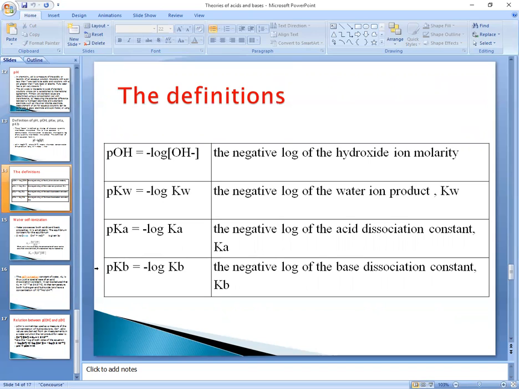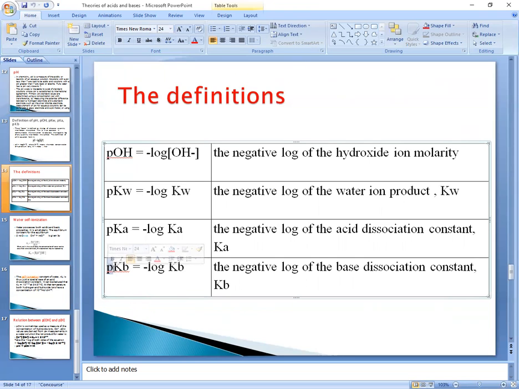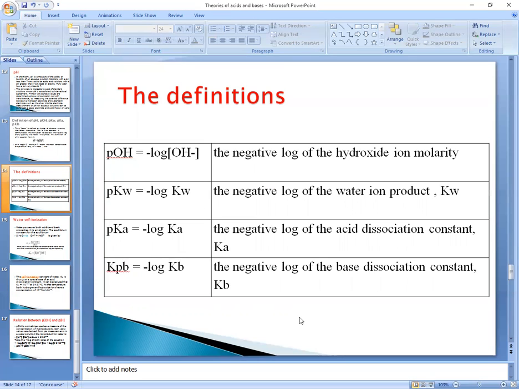If you know the operator P stands for negative log of anything, then in pKw it is the negative log of Kw, and in pOH it is the negative log of hydroxyl ion concentration. So keeping in view the value of P as an operator equivalent to the negative log of anything, we can easily define pH, pOH, pKw, pKa or pKb.